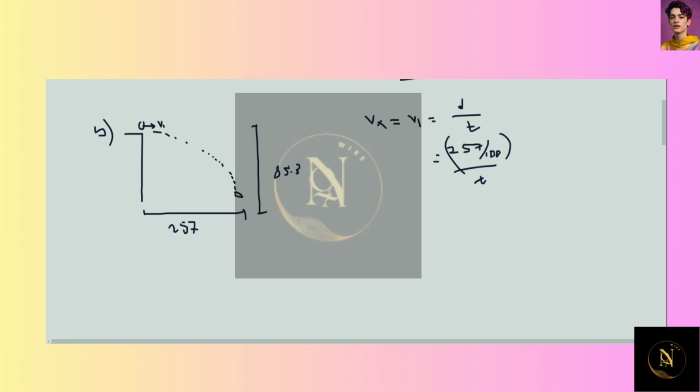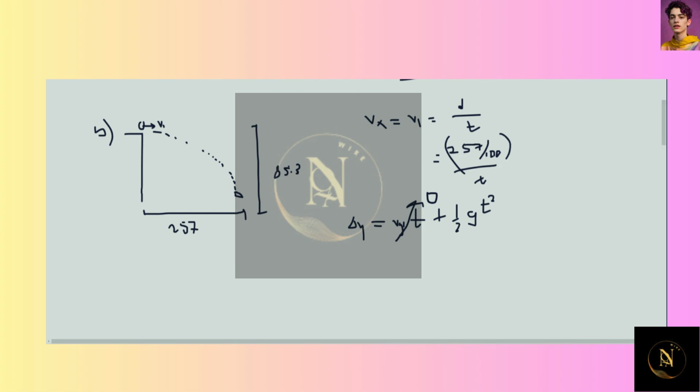Now our job is to find this t here, and we can look to the y direction for that. Since there's constant acceleration, the change in y is equal to vy initial times t plus half gt squared, because the acceleration is coming from gravity. The initial velocity in the y is clearly 0 because this thing is moving in the x only, so that goes away.